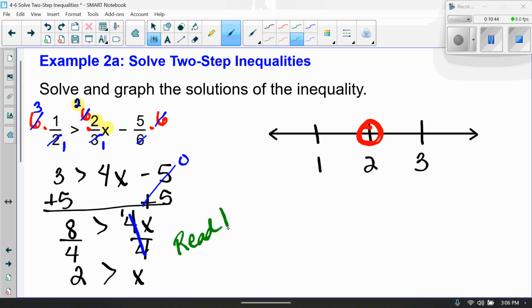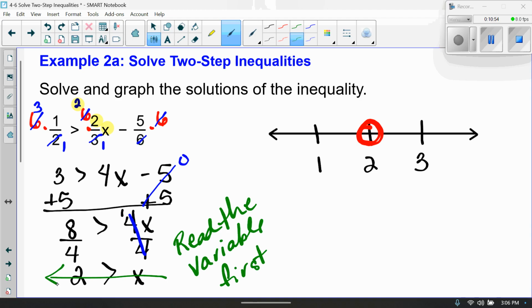Read the variable first. So if I'm reading in that direction, right, we're reading x is less than 2. Does everybody understand that? Okay, so we're shading to the left. We're shading to the left. Does everybody understand it?